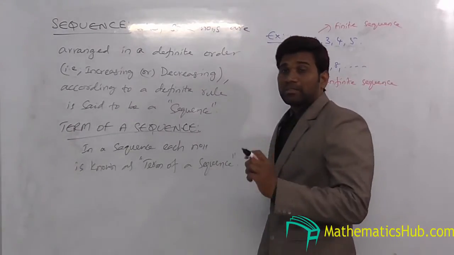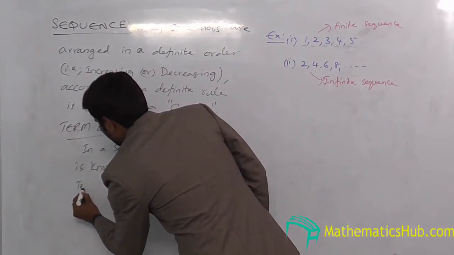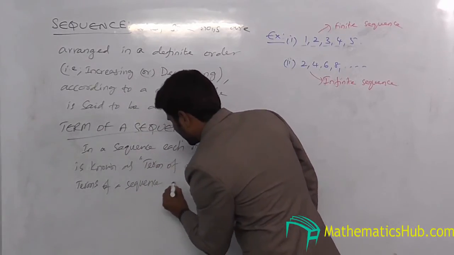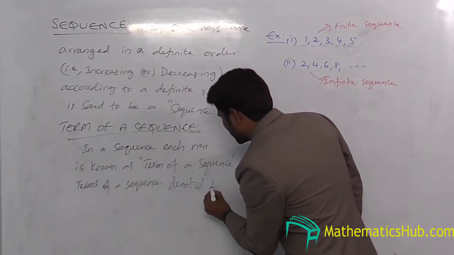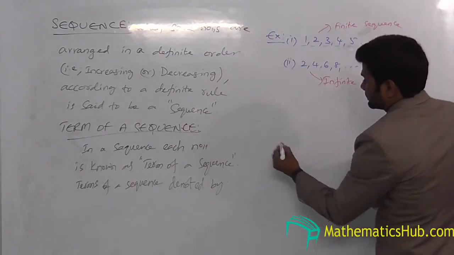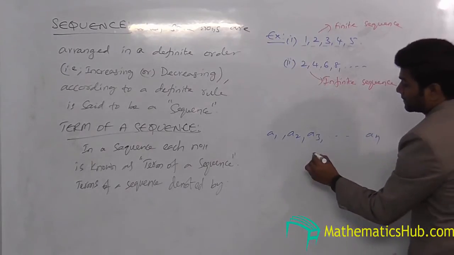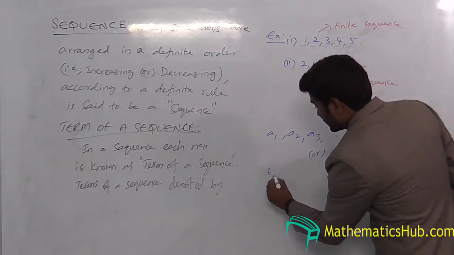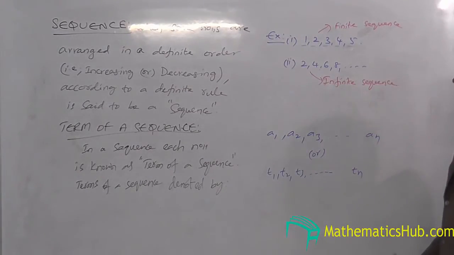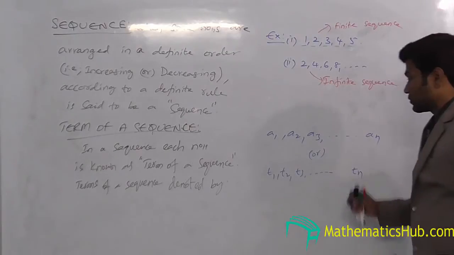Usually, terms of a sequence are denoted by A1, A2, A3 and so on An, or T1, T2, T3 and so on Tn.